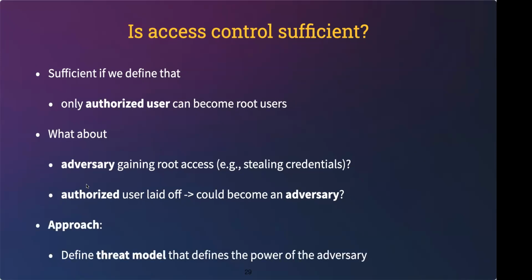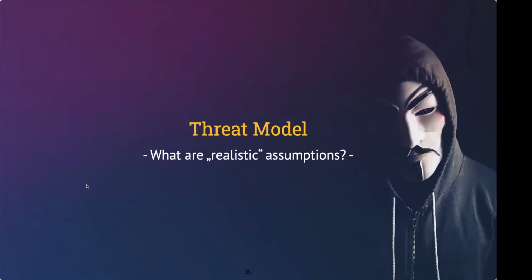And so therefore we have to have an appropriate threat model that defines what kind of adversaries we expect. And there's always the difficulty of what kind of threat model is realistic. It often depends on my application. If there's not very valuable data in my application, maybe I don't have to protect it too much.